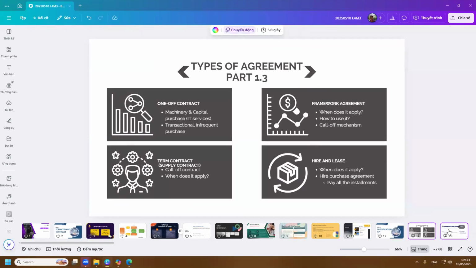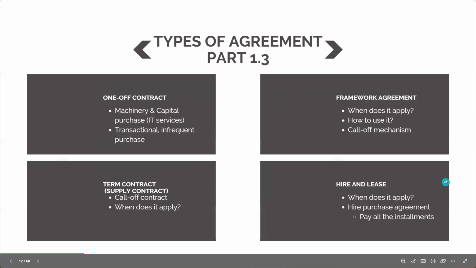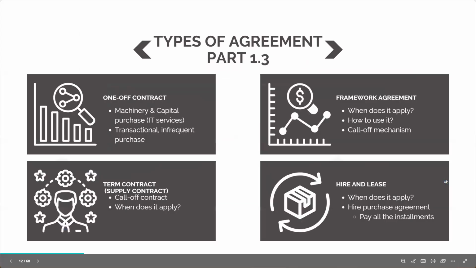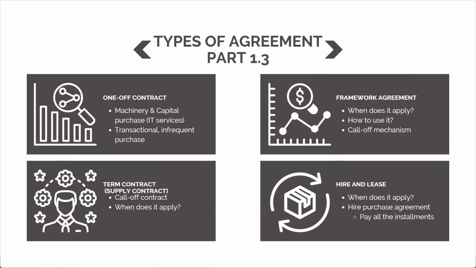Now, let's continue with the part on different types of agreement. So within procurement and supply jobs, we have many types of agreement. We could have the one-off contract where we only purchase the product or service once and not in a recurring manner. We could have the term contract, like you can sign a supply contract with your supplier.